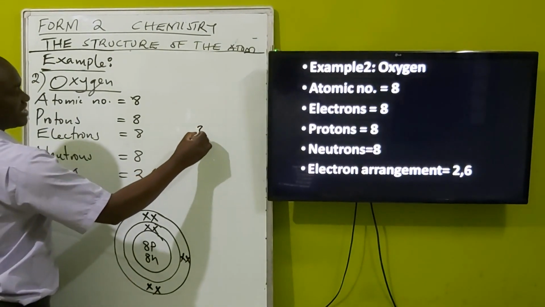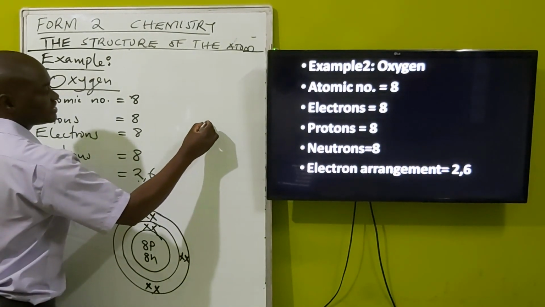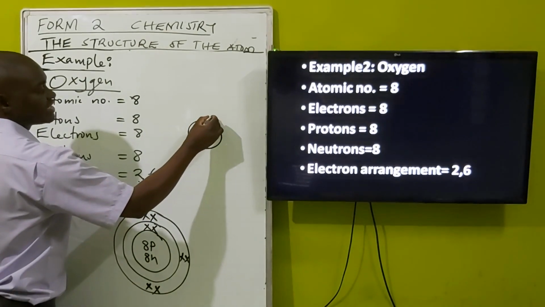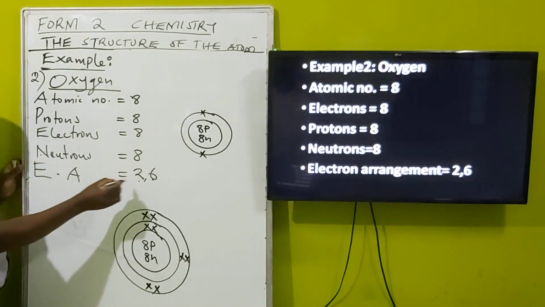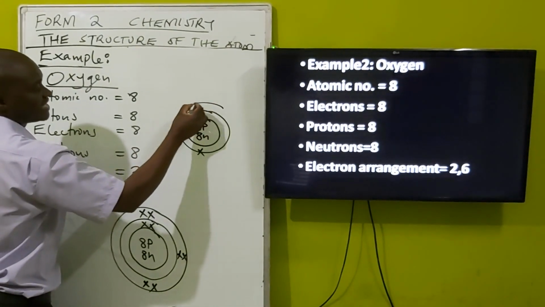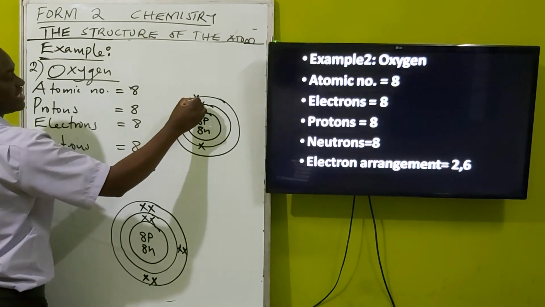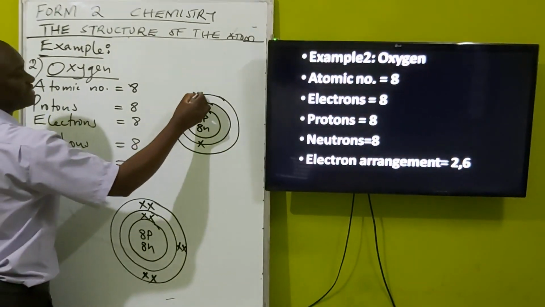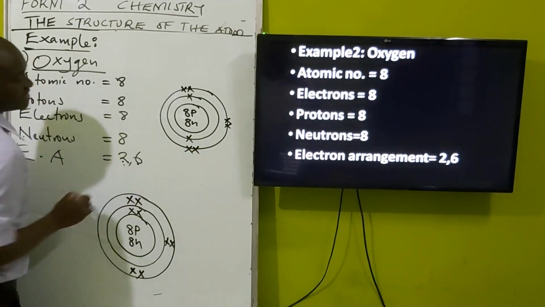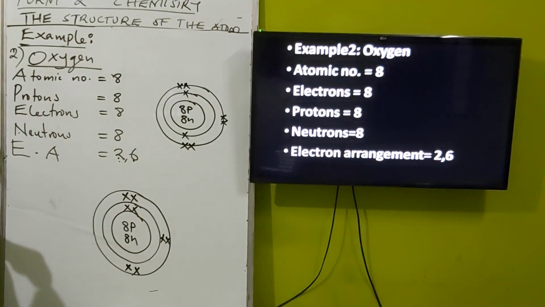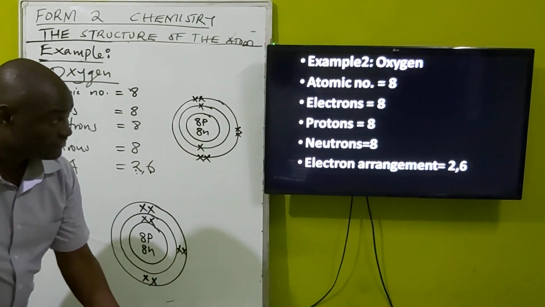Or we can say 8 protons, 8 neutrons in the nucleus, then the first energy level having 2, the second energy level having how many? 6. So you can either use this format or the second format.